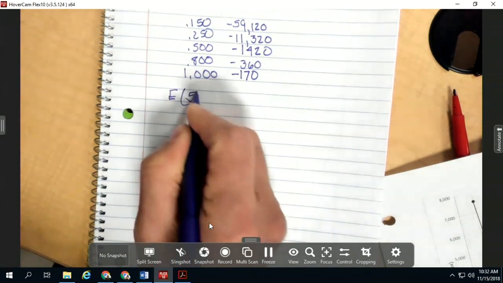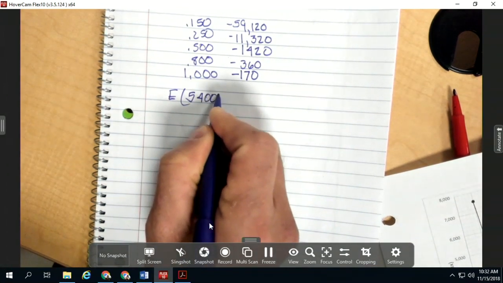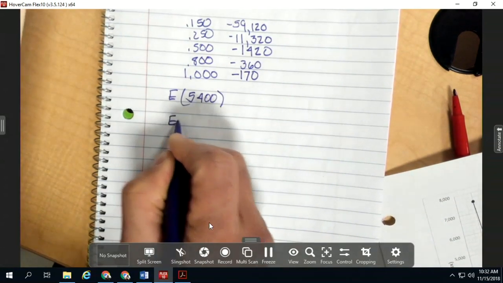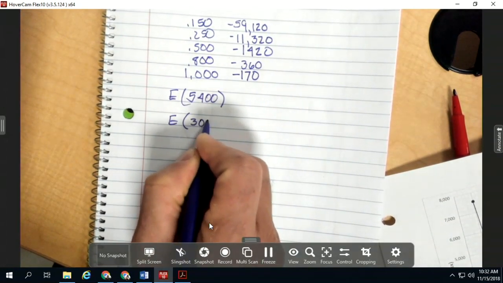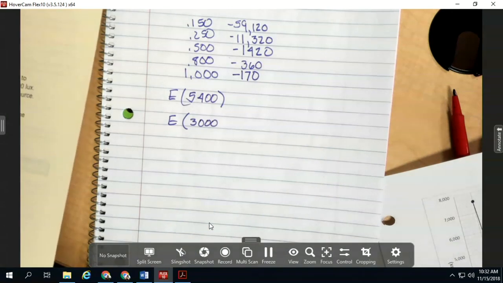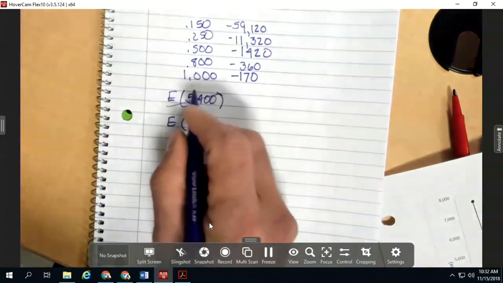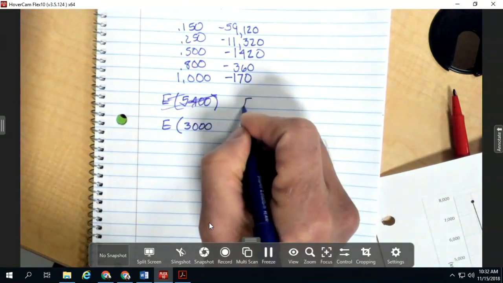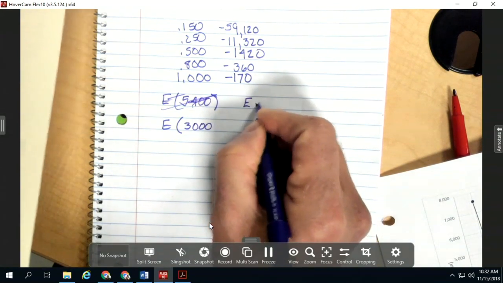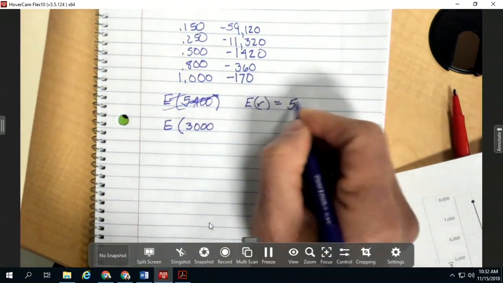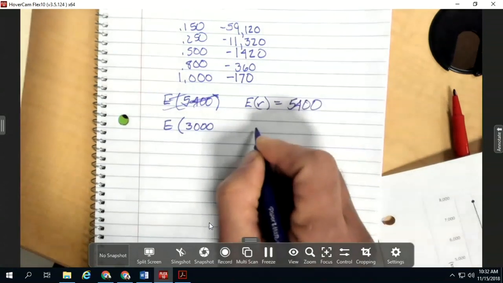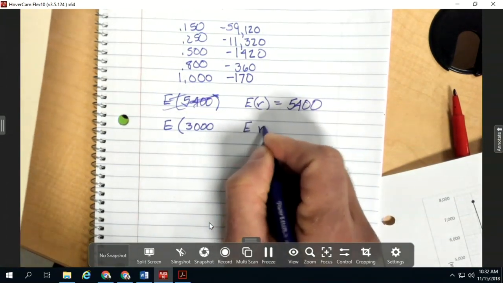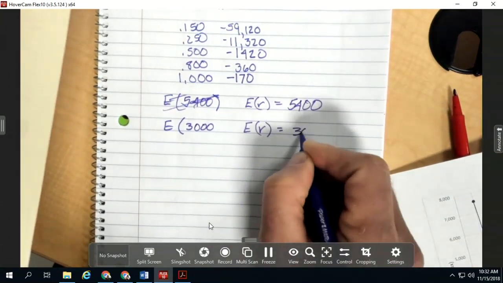No, those are not distances, those are our E's. So we want E of some R to be equal to 5,400. And we want E of some other R to be equal to 3,000.